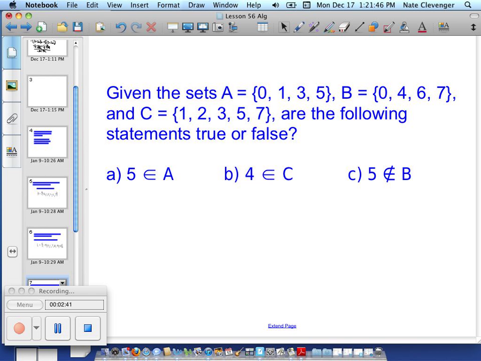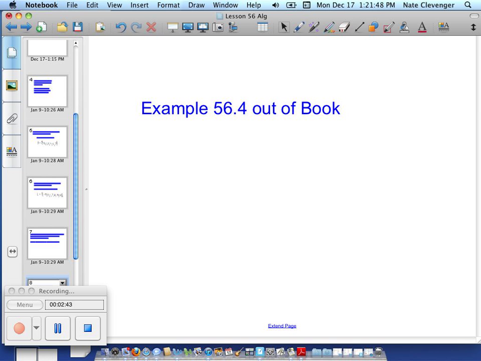You're right, I guess. Example 56.4. We need to go to the book. Given the sets L, M, and N, are the following statements true or false? On A, 6 is an element of L. Austin, true or false? Look in your set L above there.